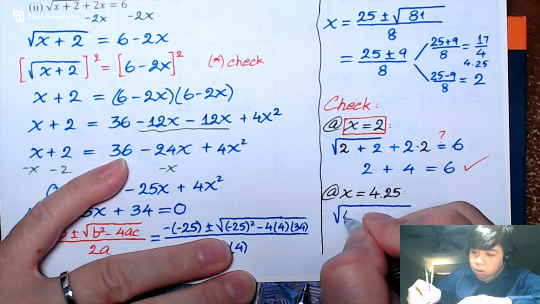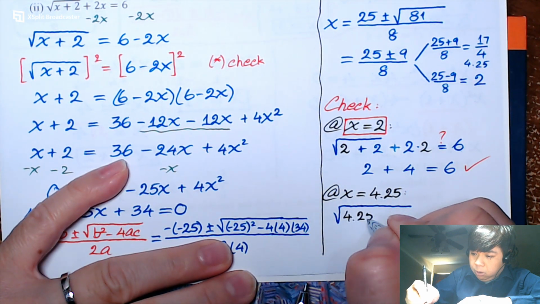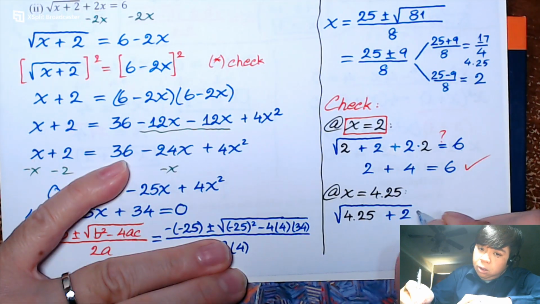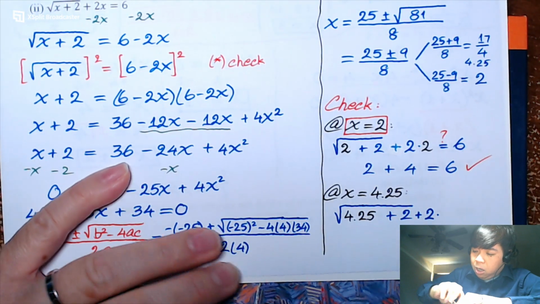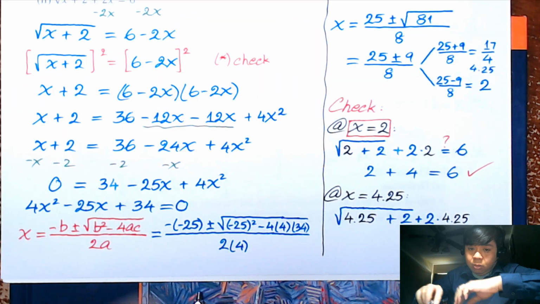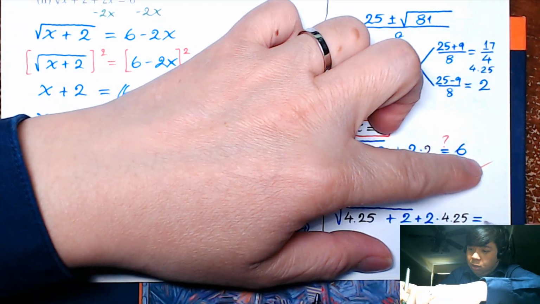4.25 plus 2 times 4.25, is that equal to 6?